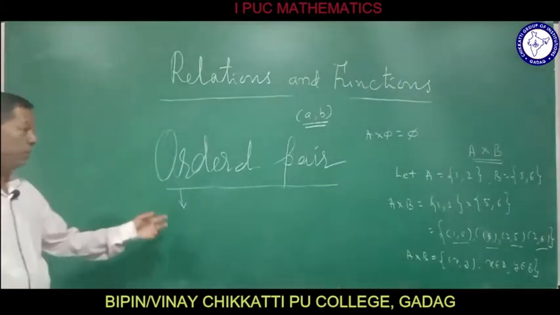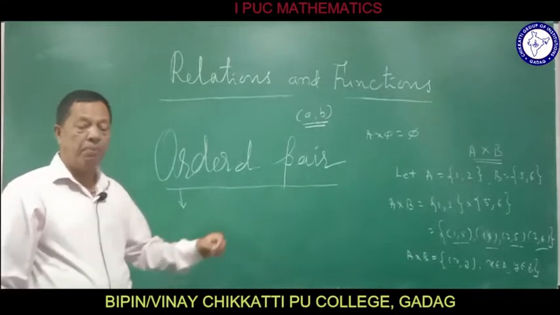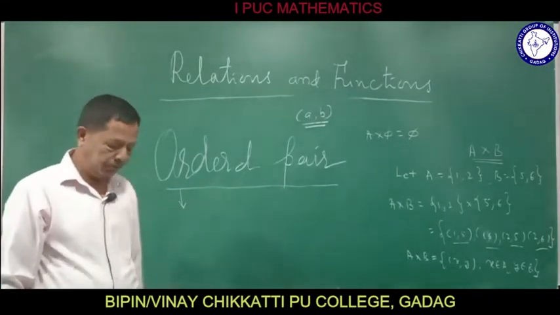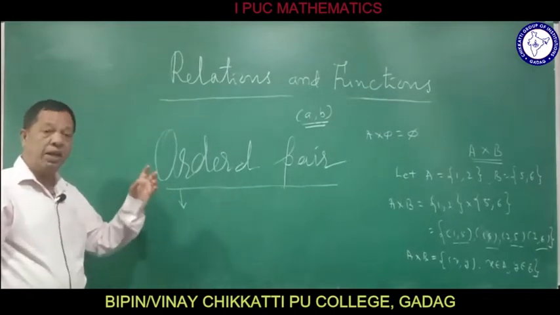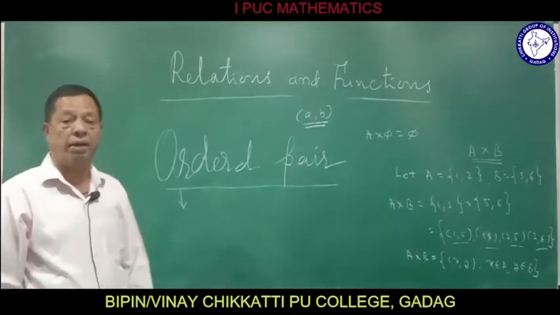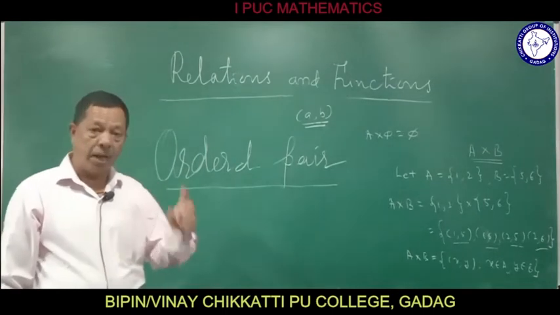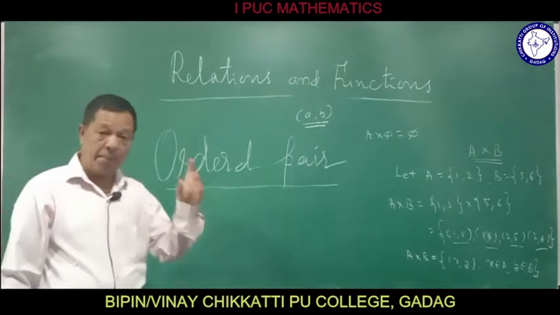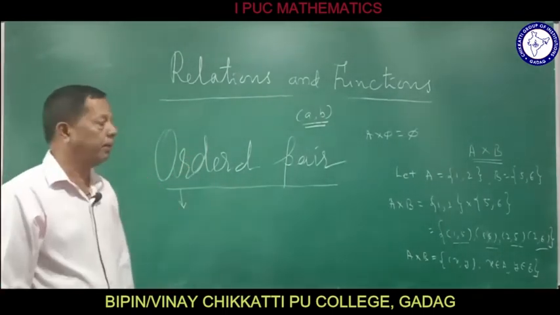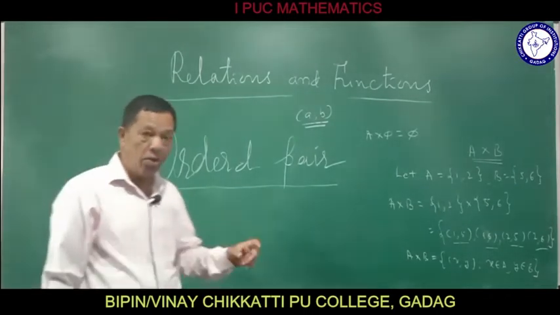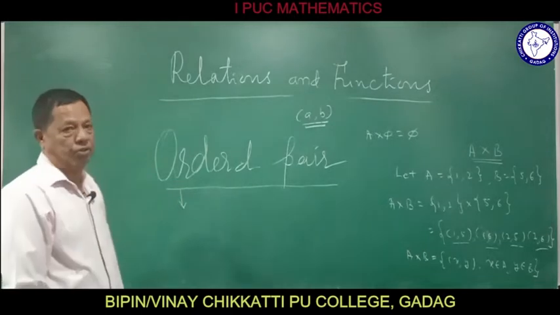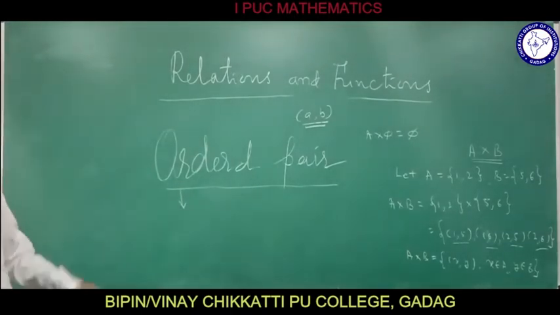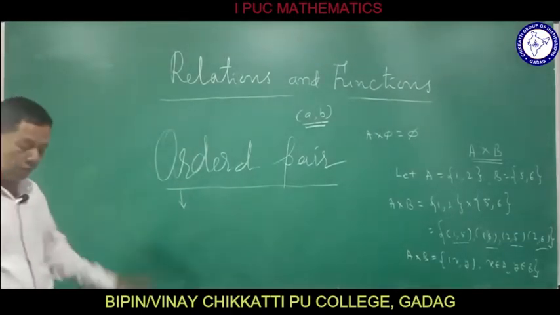Once again, what is an ordered pair? An ordered pair is defined as a pair of objects listed in a specific order, separated by a comma and enclosed in parentheses. That is called an ordered pair.